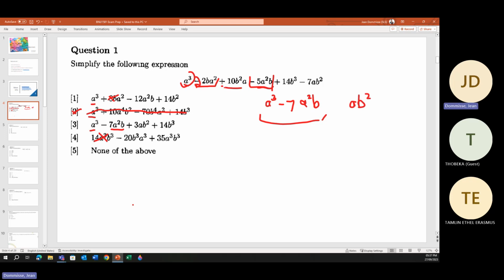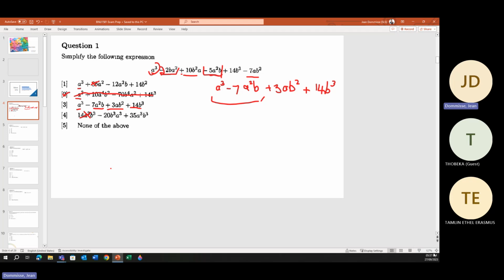So we've got a 10 there, minus 7, so 10 minus 7 is plus 3 a b to the power of 2. There we have it, and then the last one is plus 14 b to the power of 3.